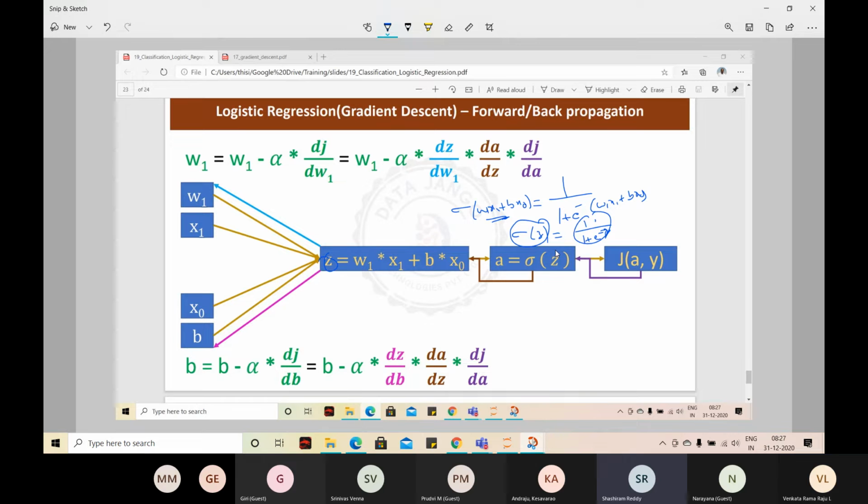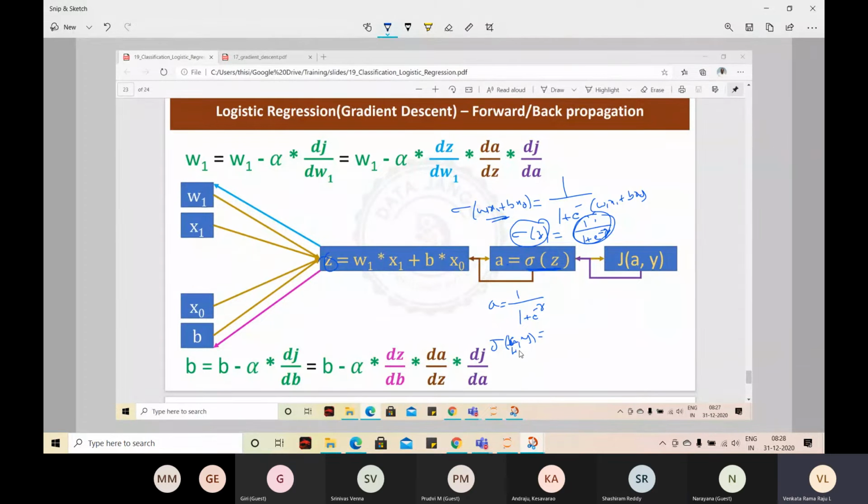Can you please do the same for J of a comma y? What is a here? a is equal to sigma z, so a is 1 by 1 plus e power minus z. What is the cost function? Logistic regression's cost function.